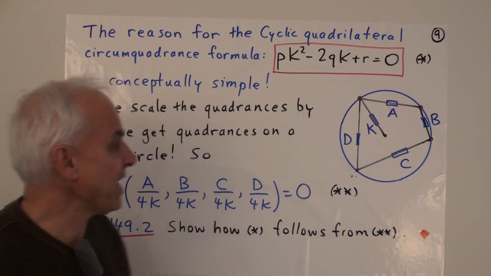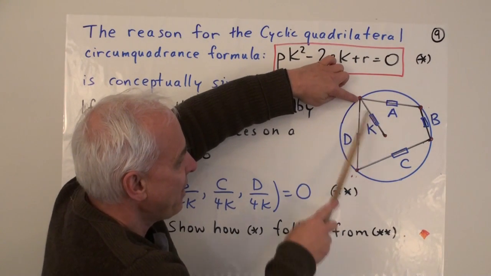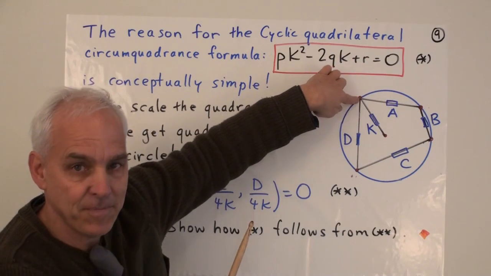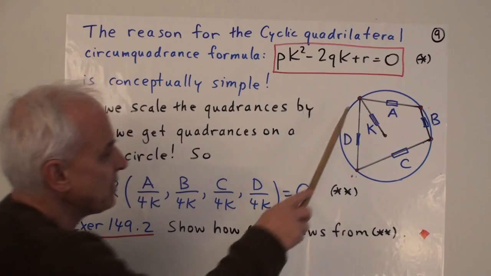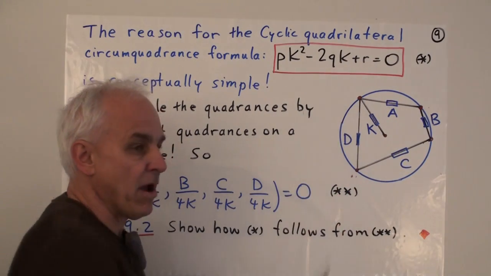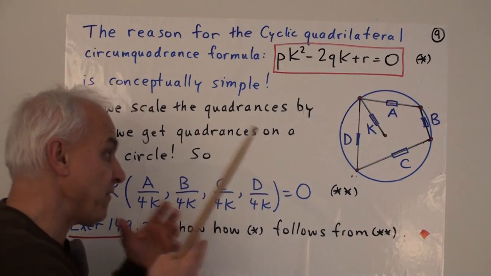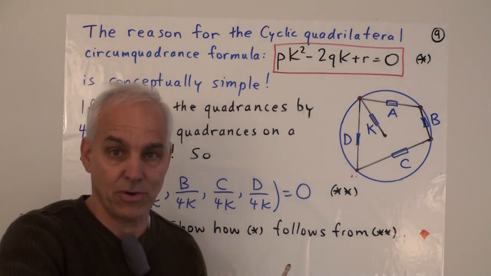And what do we have to rescale by? Well, if the quadrance here is K, then the diameter quadrance is 4K. So we need to rescale by 4K. In other words, if we divide each of these quadrances by 4K, then we're going to get 4 quadrances which lie on a core circle.